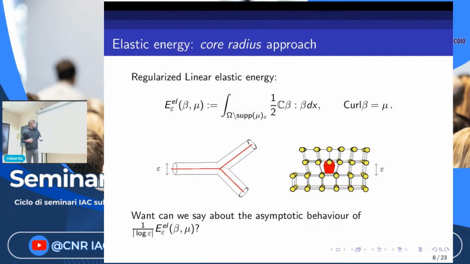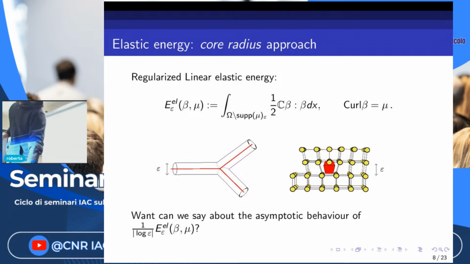And the goal now is to say something about the asymptotic behavior of the rescaled elastic energy density. We said the elastic energy diverges logarithmically. So we're asking, when we rescale, what happens? Can we say something more precise formally?